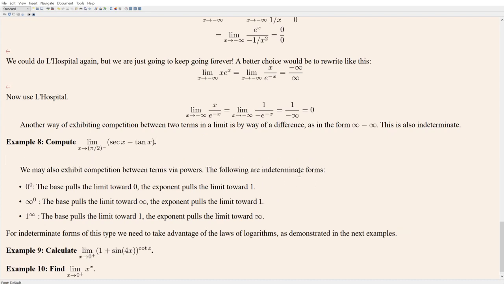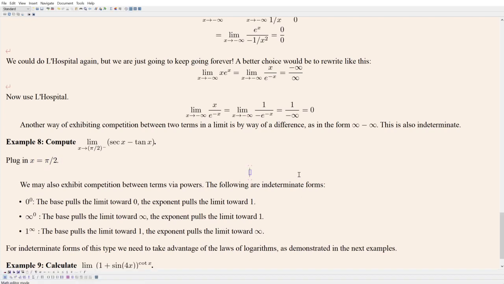So here is an example where that's going to happen. Let's plug in x equals pi over 2. So secant at pi over 2 minus tangent at pi over 2.